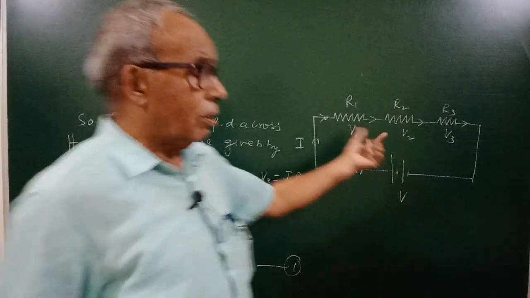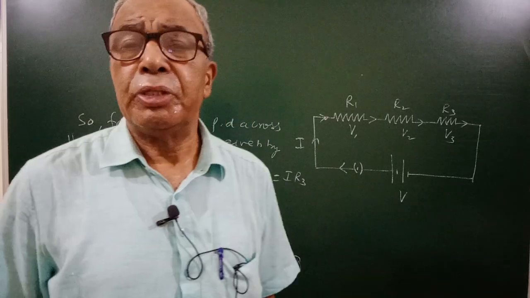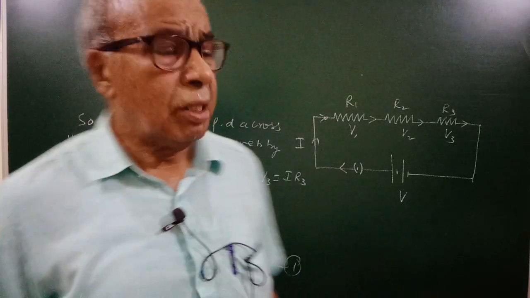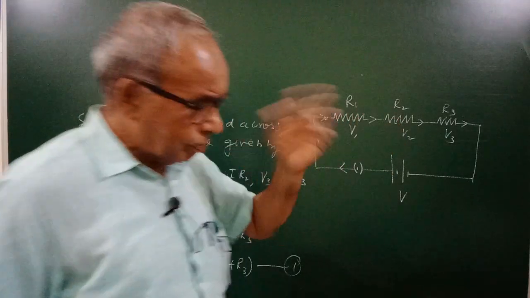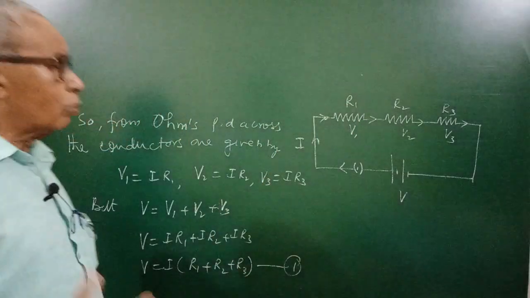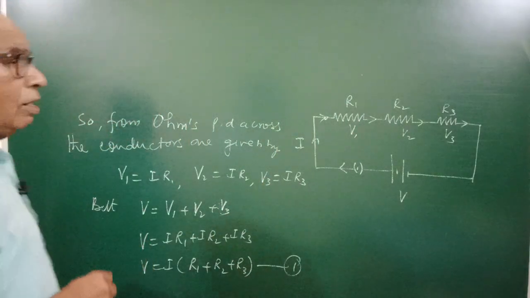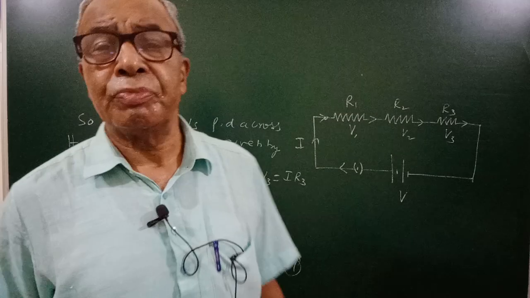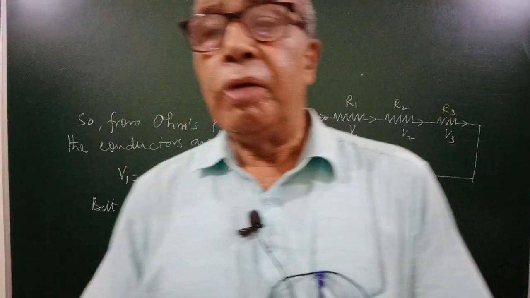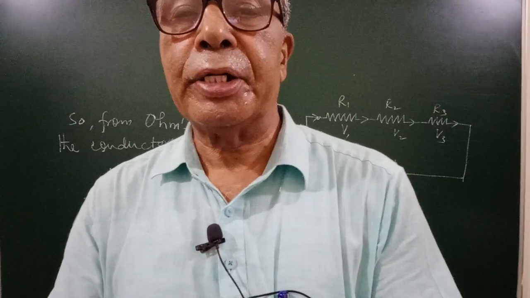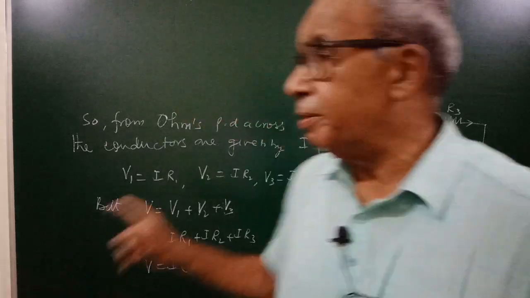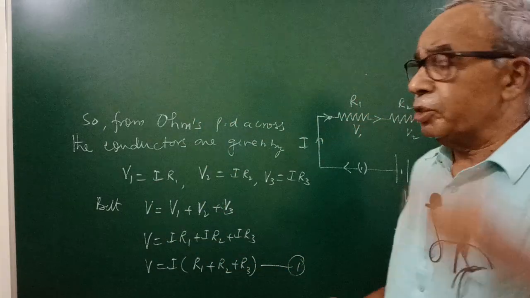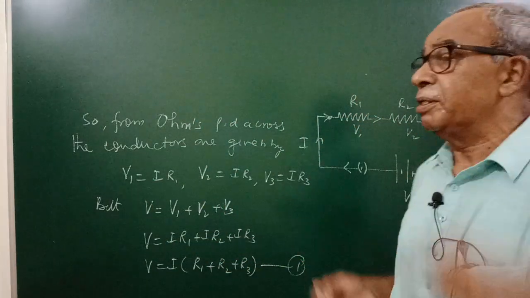In books, even in the NCERT book, they have written total resistance. Somewhere it is written total, but somewhere it is equivalent. Equivalent means if we connect here a conductor which takes current I at V volt, then that is called equivalent.